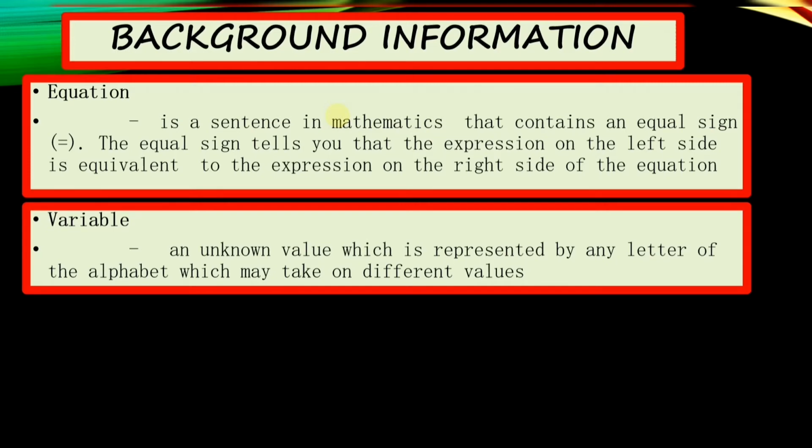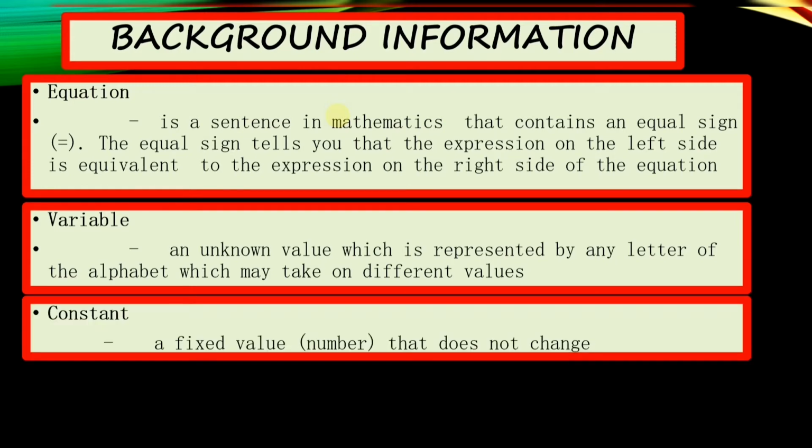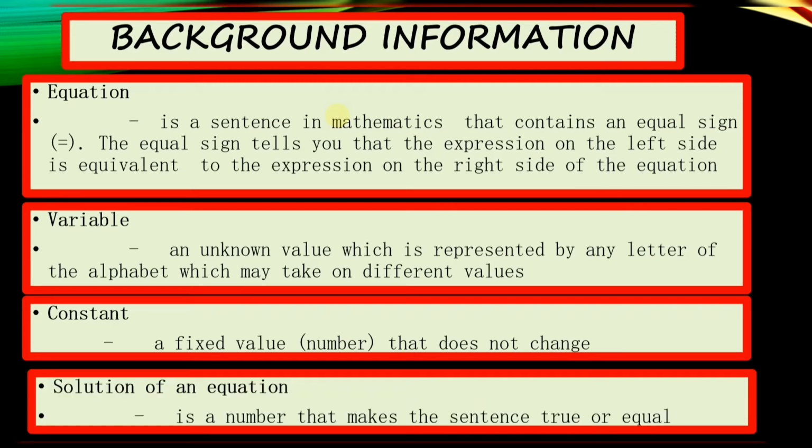When we say variable, this is the unknown value which is represented by any letter of the alphabet which may take on different values. While when we say constant, it is a fixed value. It does not change. And when we say solution of an equation, it is a number that makes the sentence true or equal.